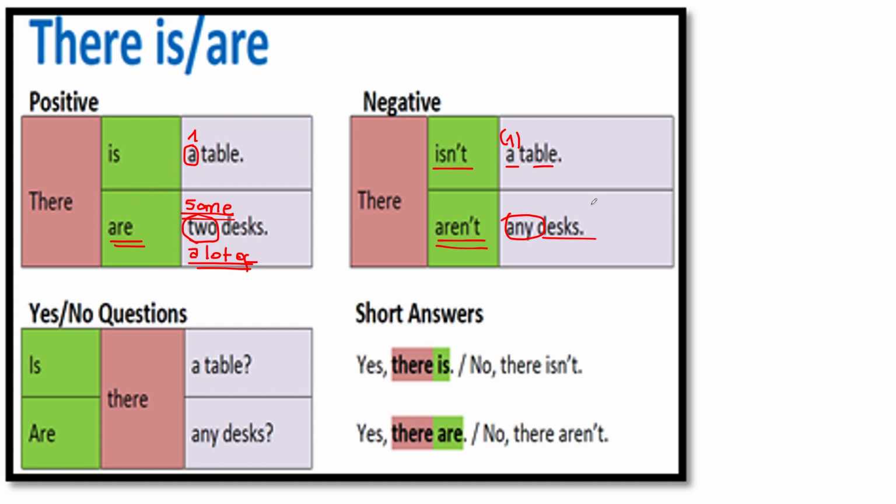So, for example, let's suppose I say, Yoeli, can you describe your bedroom? What objects are there in your bedroom? So, for example, maybe Yoeli says, okay, teacher, in my bedroom, there is a television, there is a radio, there are some chairs.